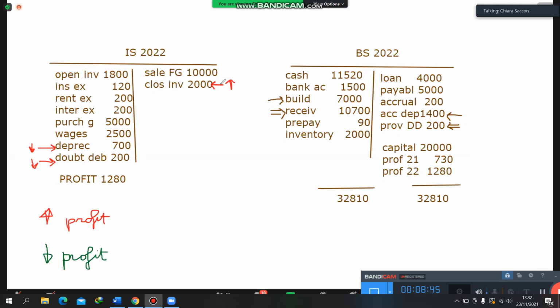So the company will reduce the amount of inventory, and try to increase the amount of expenses, so depreciation, and doubtful debt, expected losses. I repeat, it is not allowed. But you know that it is possible to move what we wrote at the end of the period, the adjustments. This is why we have to be careful about them.